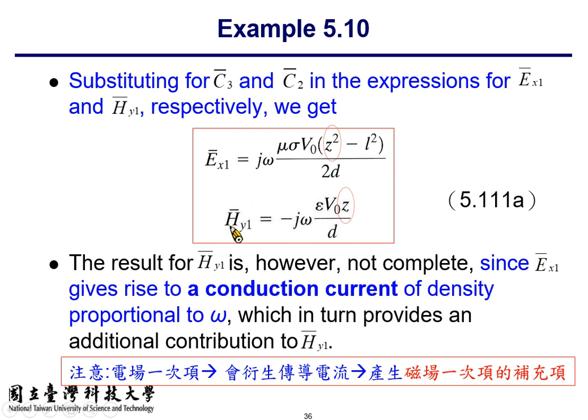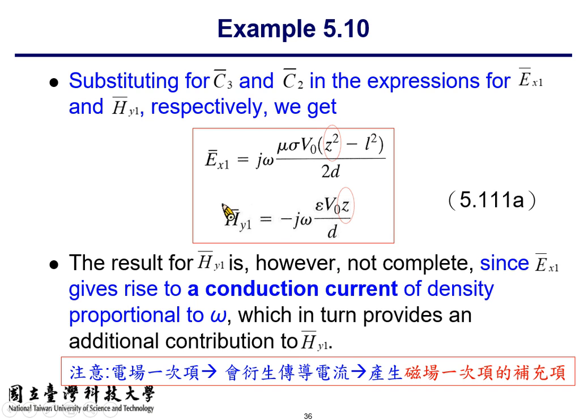And you can see the Hy1 term depends on position, proportional to the location Z. On the other hand, the Ex1 term is the direct product of the Hy0 term. Hy0 depends on Z to the first order. Here we see the dependence becomes Z squared.